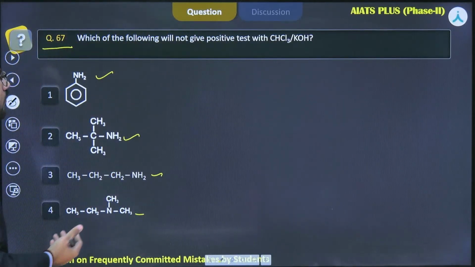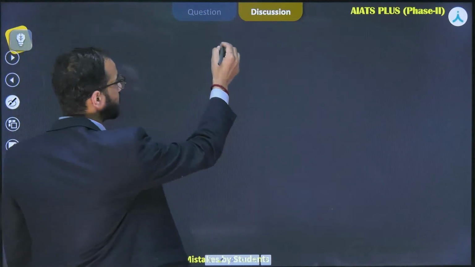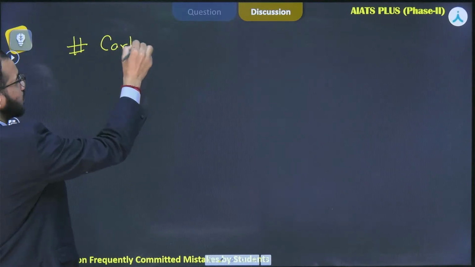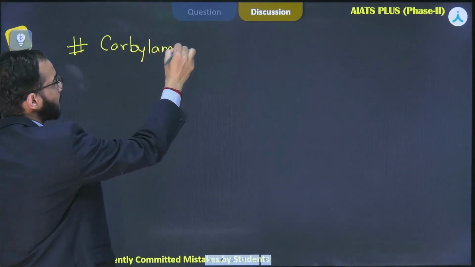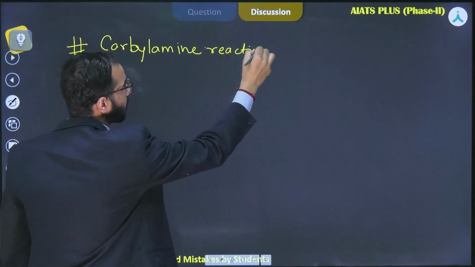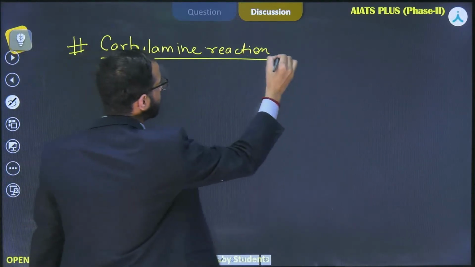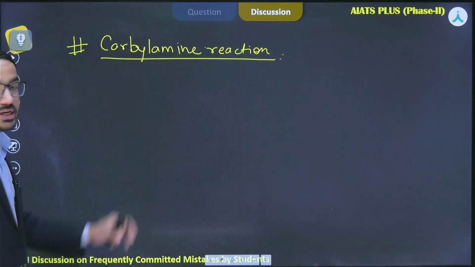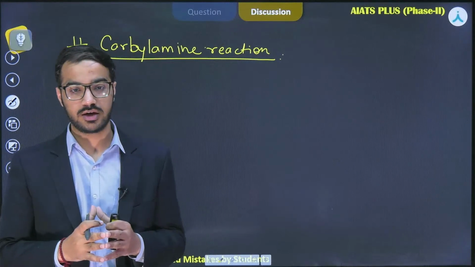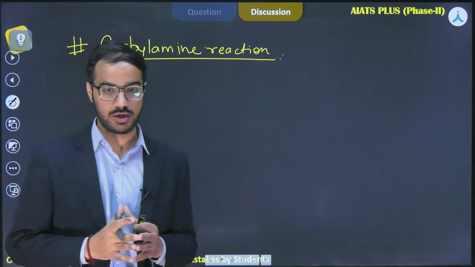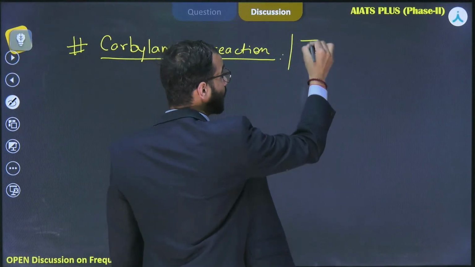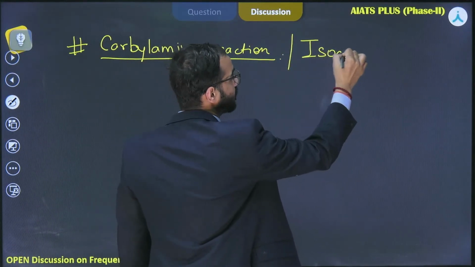So let us try to make a chloroform reaction. We have gone through the carbylamine reactions. So in the carbylamine reaction, this is very much clear that it is given by primary alkyl and aromatic amines. In carbylamine, we can also say that this is the isocyanide test.